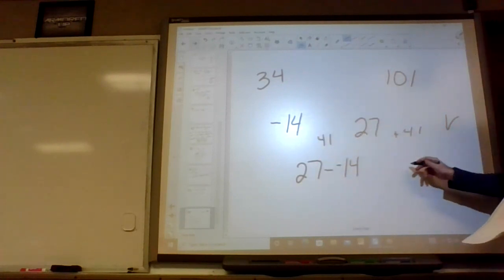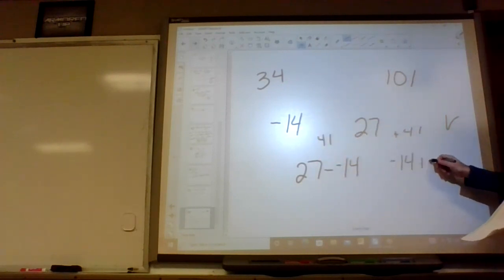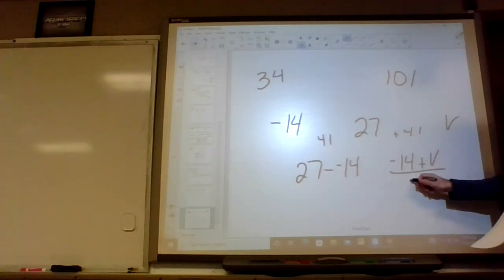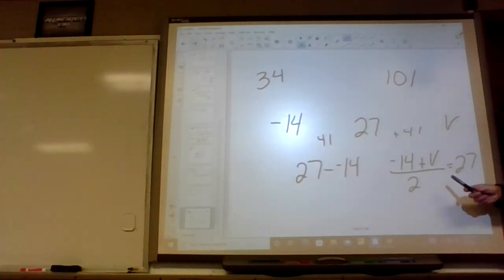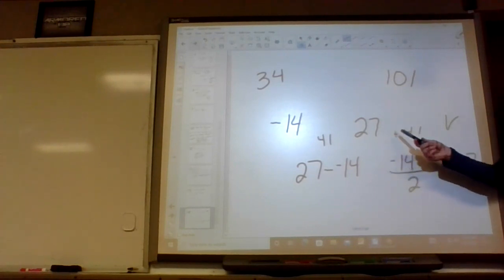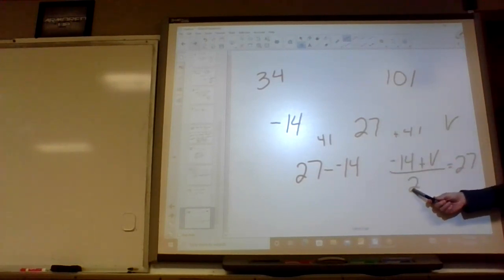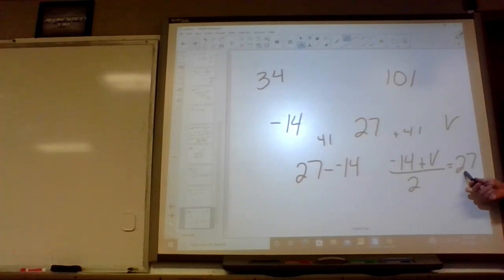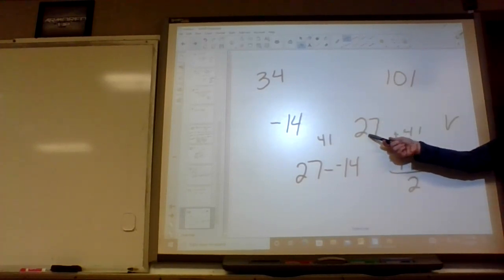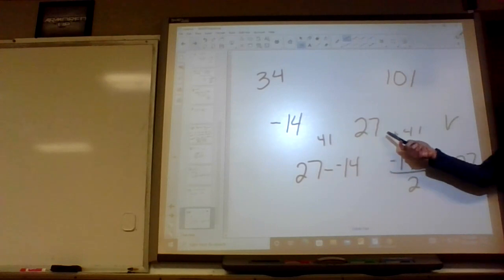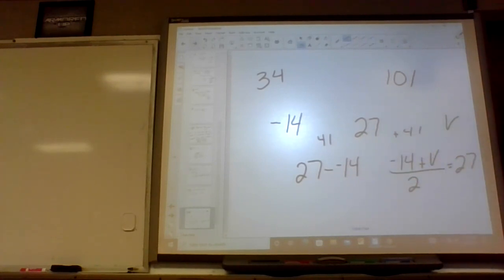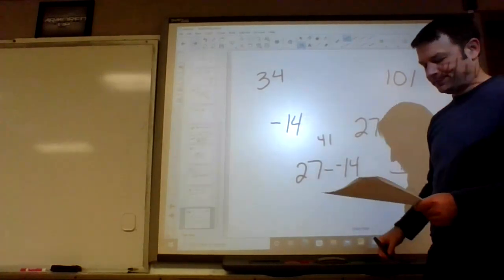To set this up algebraically, negative 14 plus V divided by 2 should equal 27. The average of negative 14 and V should be 27. And you multiply by 2 and add 14. So I'm just explaining a different way to do it. This one's probably more intuitive right here. So 27 plus 41 is 68.